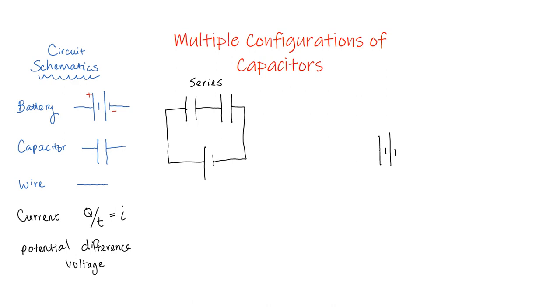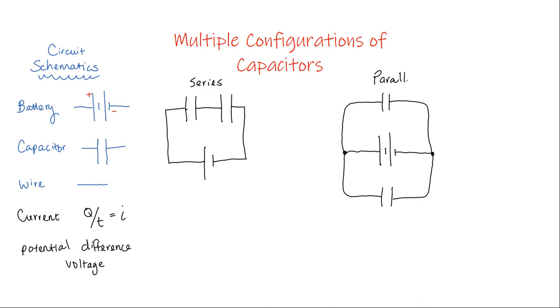Sorry, I did a shortcut version. What we might do is we take these two wires connected to the battery, and then we introduce a splitter. The splitter can take the wire up this way to connect one of the capacitors, but the splitter could also take the wire this way to connect to the second capacitor. And this configuration is known as a parallel configuration. We see that these circuit elements are parallel to one another.